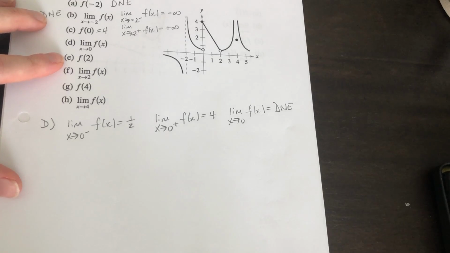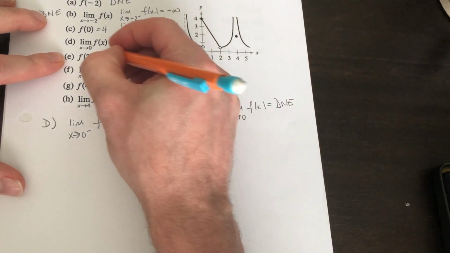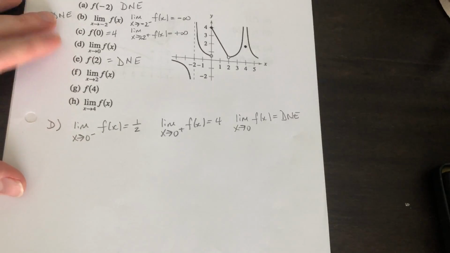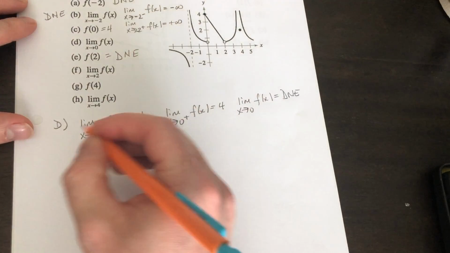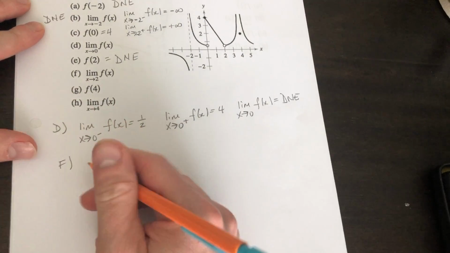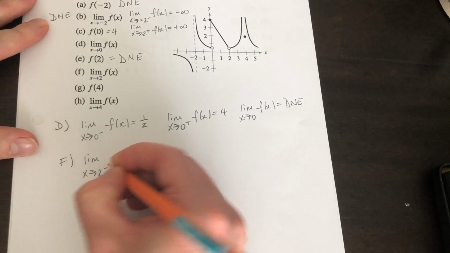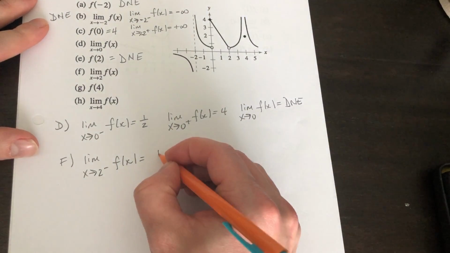Okay, E, f of 2. F of 2 is not a solid point, so it does not exist. But the limit might exist, but f of 2 does not exist. Okay, so let's do f. The limit as x approaches 2 from the left-hand side is 1/2.